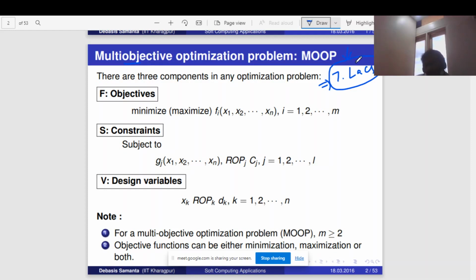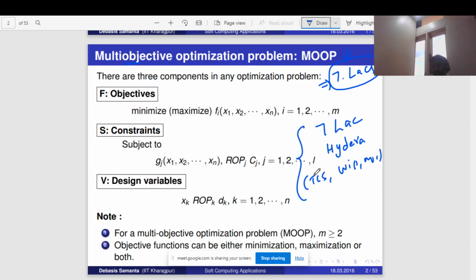But somebody else says that I want a job with more than 7 lakh package, and I want the job to be in Hyderabad, and I want the job only in these companies: TCS, Wipro, Microsoft. This is actually a multi-objective function.